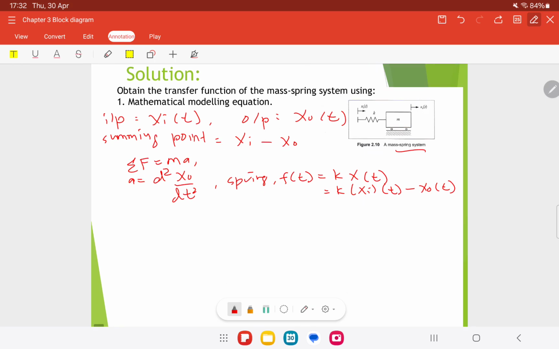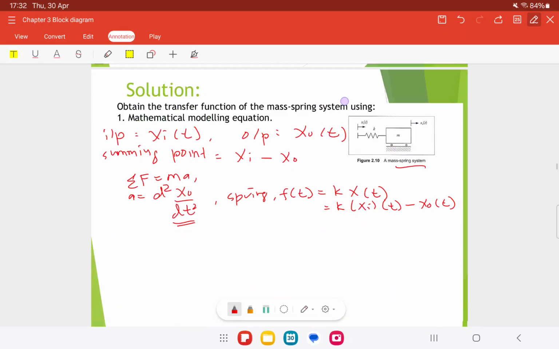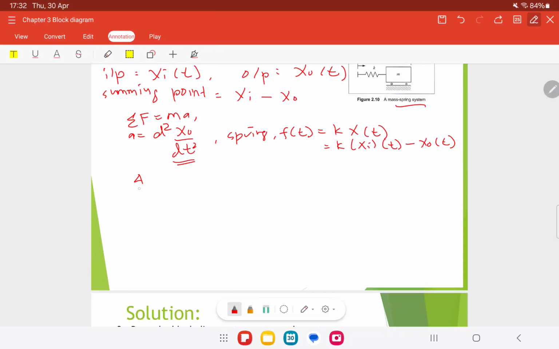Right, so now we compare F equals to ma. This F we substitute with the F here, and this ma we substitute with this second derivative. Our m here is 4, so we can put 4 straight away, d square x naught(t) over dt square, equivalent to k.